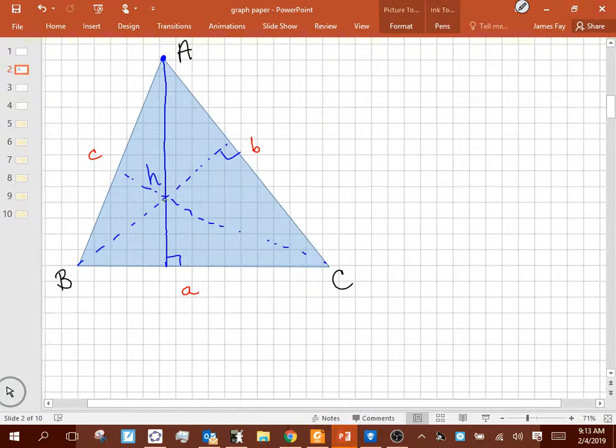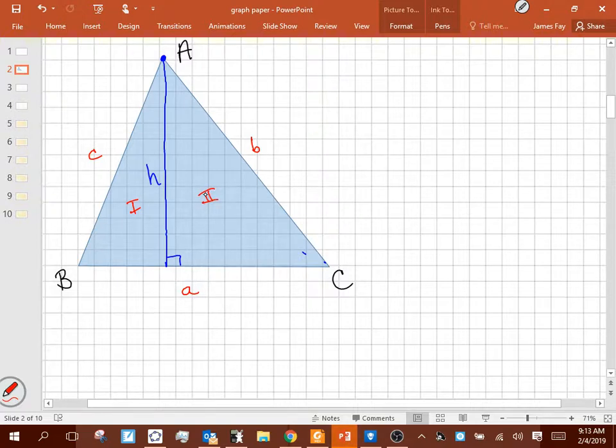Does anyone know what this point, the intersection of altitudes, would be called? Remember that from geometry? That's the orthocenter. Good. All right, so we're going to look at that H. What did I just do? I created two triangles. What kind of triangles are those two triangles now? Right triangles. I'm going to call this triangle number 1 and triangle number 2.